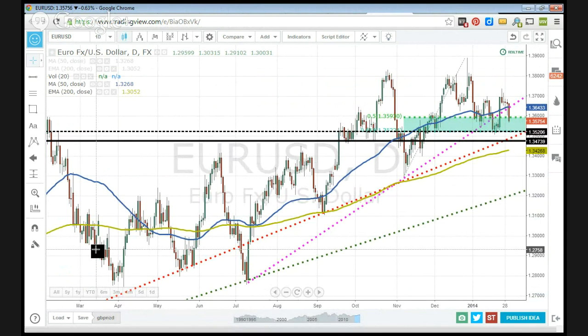But we'll see if it falls. Really, to get to this dashed black line, this point right here, we need to fall about 55 pips, which could happen in the course of a day, maybe a little longer. So if we can fall 55 pips, it might be an interesting opportunity to go long euro dollar.